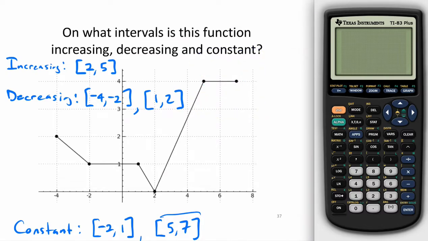There. So this function, which has domain all real numbers between -4 and 7, is continuous.